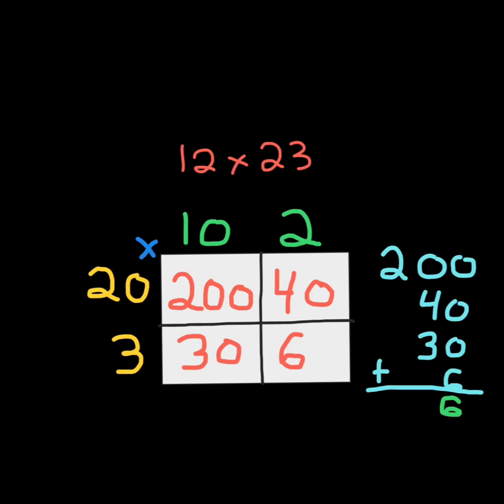Next, I move on to my next column here. So I have 0 plus 4 is 4, and 4 plus 3 is 7. And then my final column to add up, 2 plus nothing is equal to 2. So my final answer is 276.